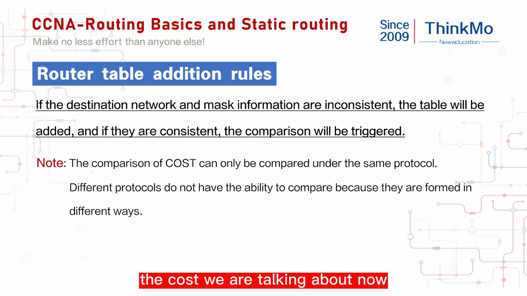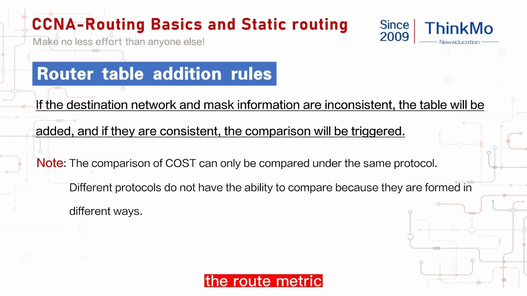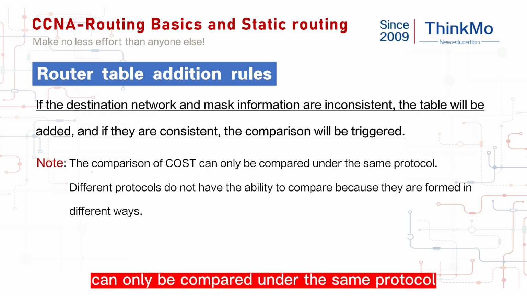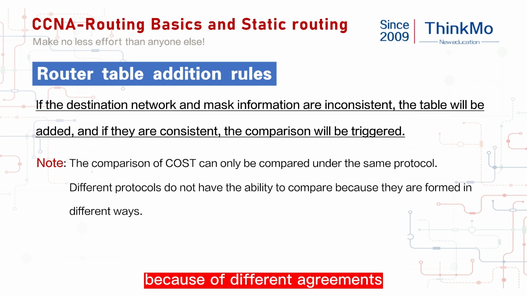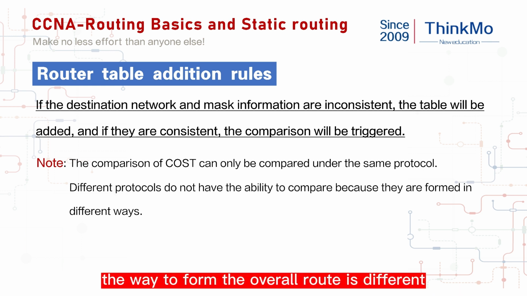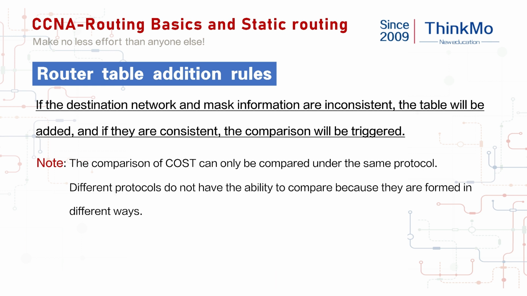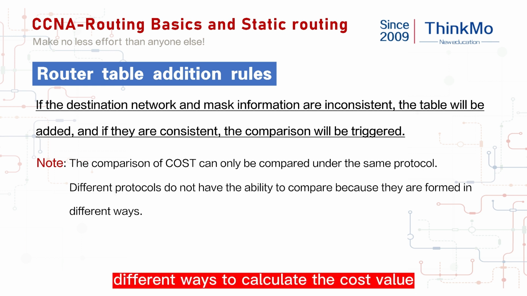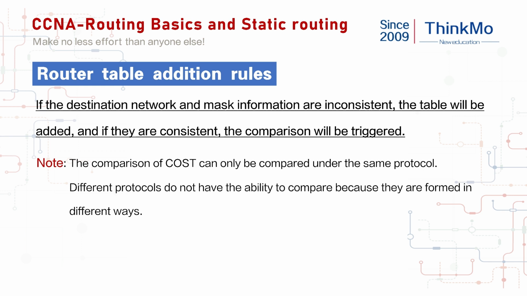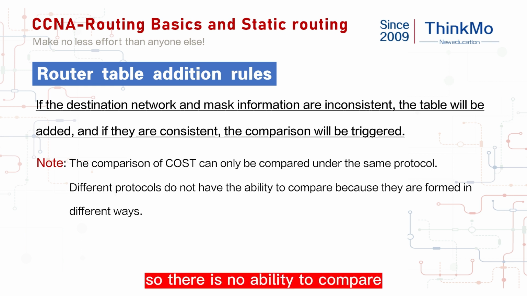The cost we are talking about now, the route metric, can only be compared under the same protocol. Because with different protocols, the way to form the route is different. That is, different protocols have different ways to calculate the cost value, so there is no ability to compare.